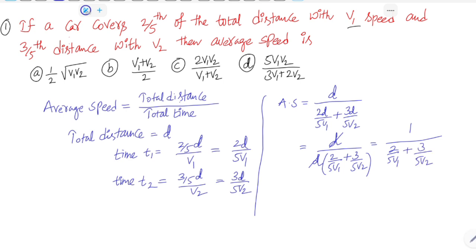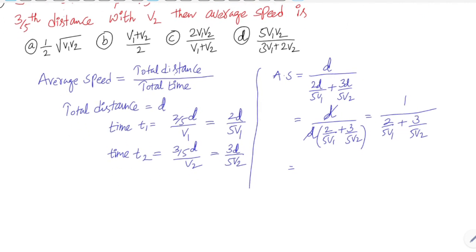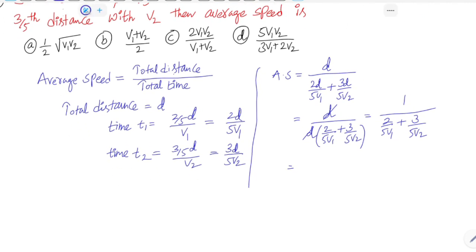Take the LCM for the denominator fractions. You will get 5v1 into 5v2, which is 25v1v2. And in the numerator, you will have 2 into 5v2, 10v2 plus 3 into 5v1, 15v1.